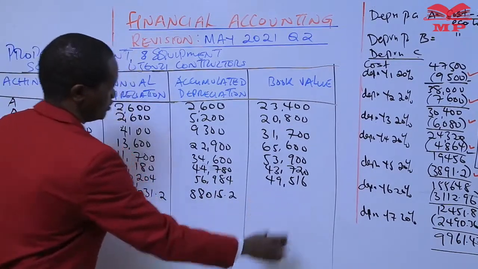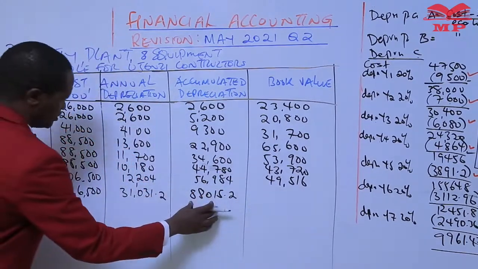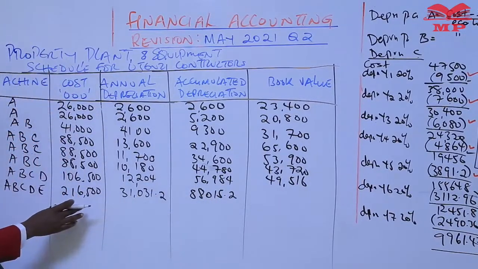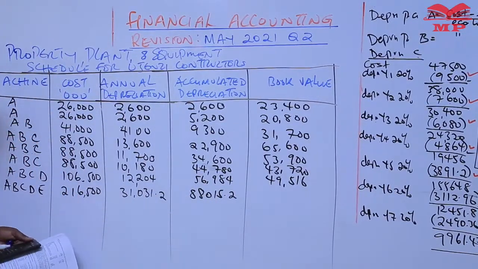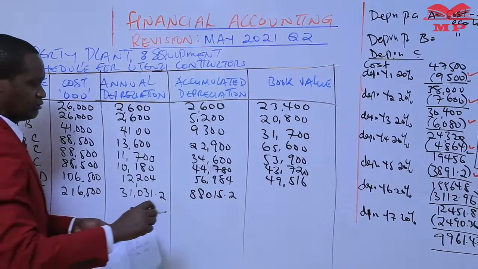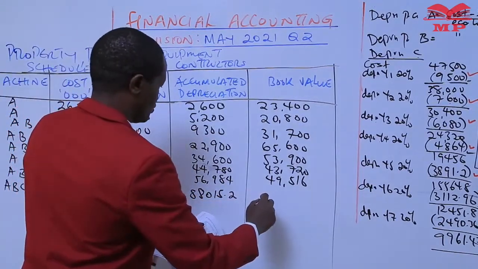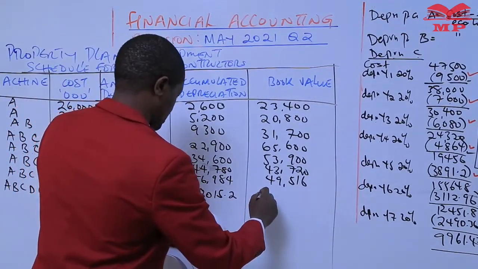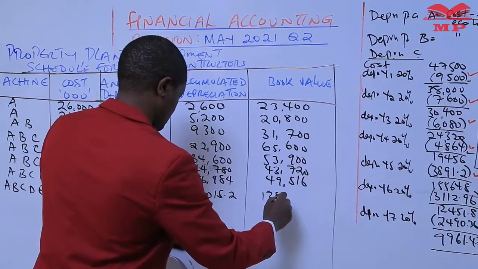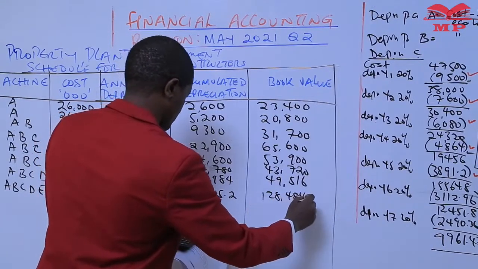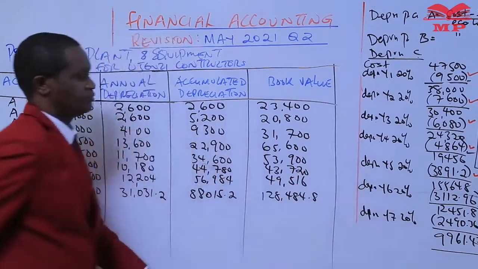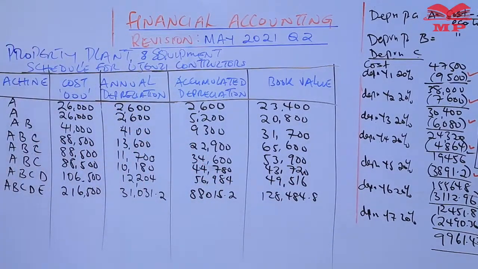Book value: accumulated depreciation, we deduct from the cost of 216,500. The book value is 128,484.8. You are moving on well, candidates.